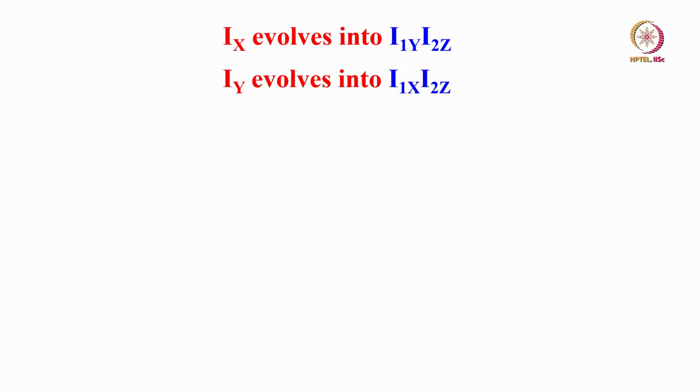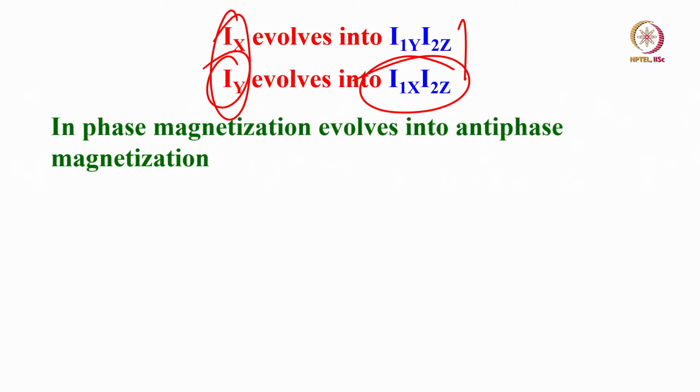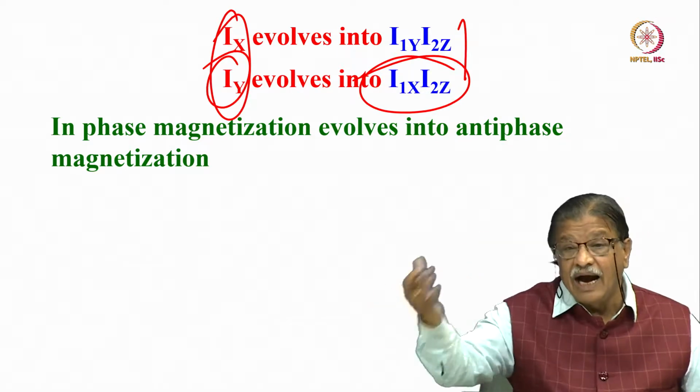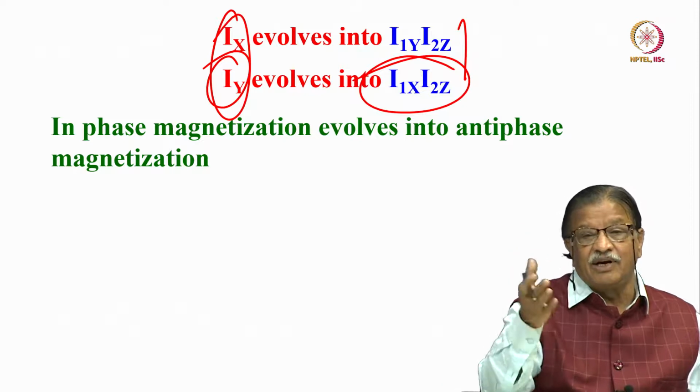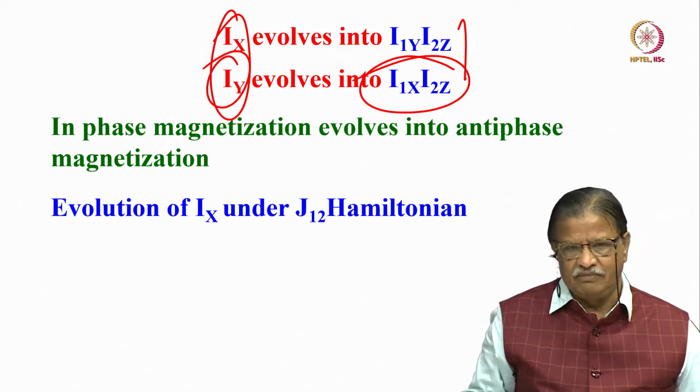Similarly, Iy evolves into I1x I2z. Both are antiphase terms, and the starting terms are in-phase. What it means is that under J coupling, in-phase terms evolve into antiphase terms. The in-phase magnetization became antiphase magnetization because of J coupling evolution.